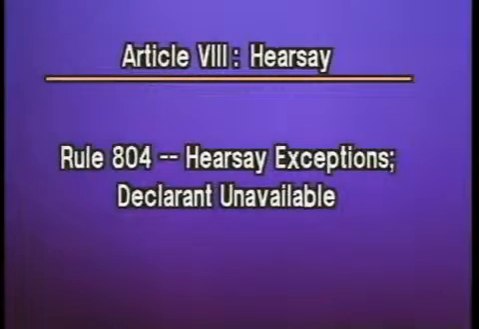804, and you find in 804 five additional exceptions to the hearsay rule under the added condition that the declarant is not available. Why are these here? They happen to be five exceptions that Congress could not quite come to grips with to include in 803. And so Congress added the additional condition that the declarant be unavailable.